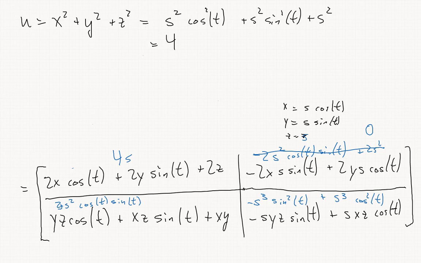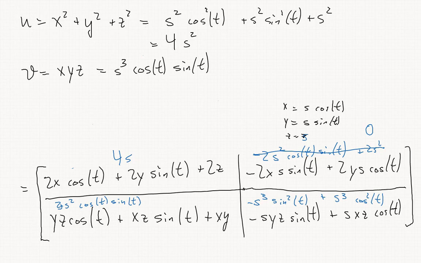So u is equal to 4s squared, and v is equal to xyz. Well, that's s cubed cos t sine t.